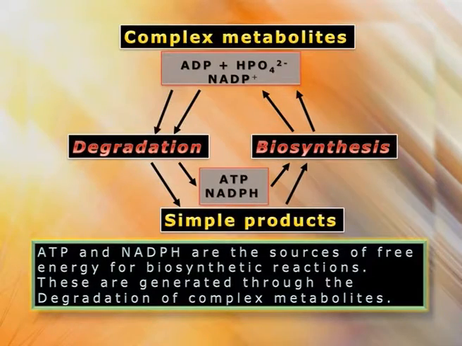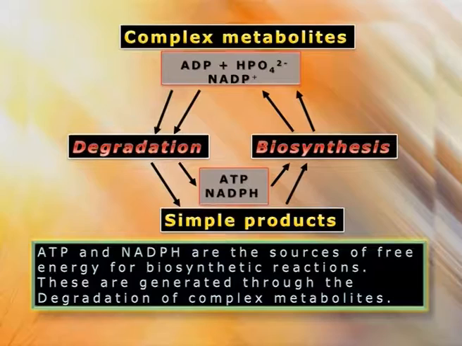As can be shown from this slide, the complex metabolites are degraded down to their respective simple products. In this process, ADP is phosphorylated to ATP and NADP plus is reduced to NADPH. Now, this branch is called catabolism.